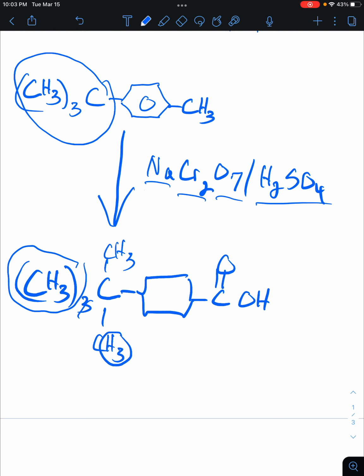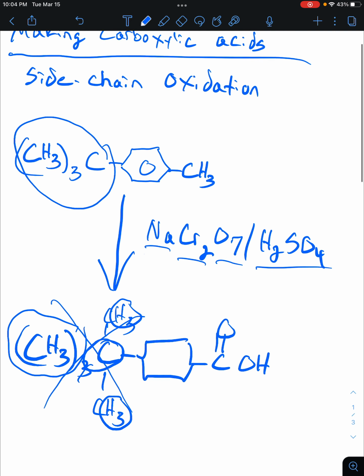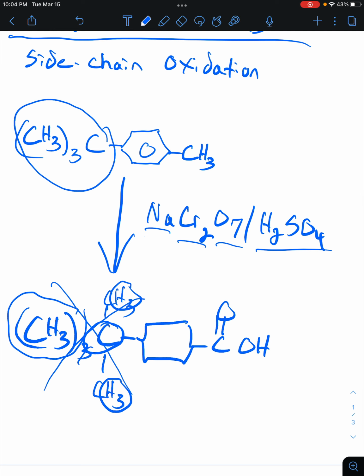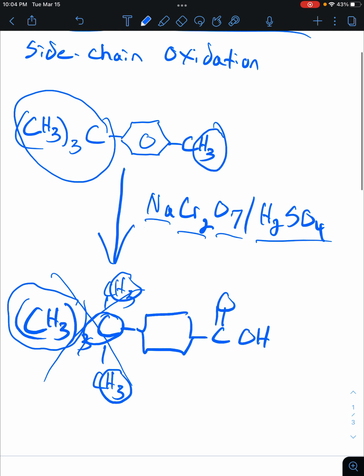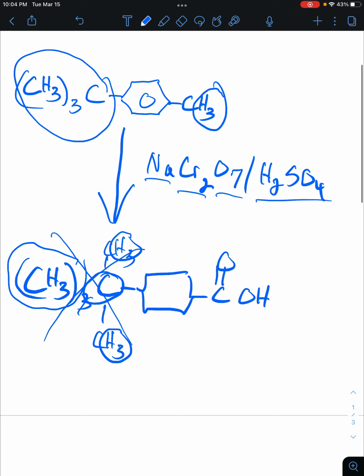And these hydrogens right here are not benzylic because they're not attached directly to the carbon. So nothing would happen on this side. But on this side of the molecule, you would remove all of the hydrogens and you would simply make a carboxylic acid. Something you can just know and memorize.